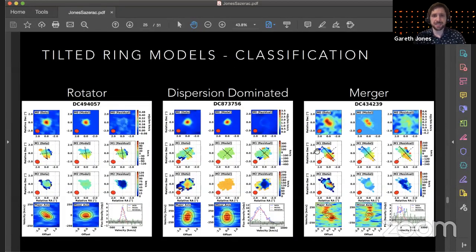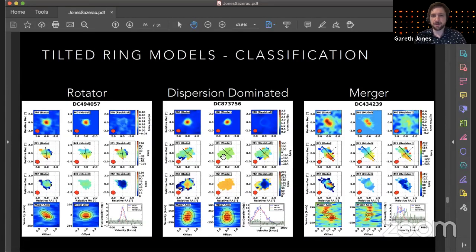So in addition to looking at single galaxies, we can try to add more evidence to the kinematic classifications that were done in the paper by Olivier. Some galaxies are very well fit by these tilted ring models, with small residuals, very well fit spectra, and pretty much perfect position-velocity diagram fits.